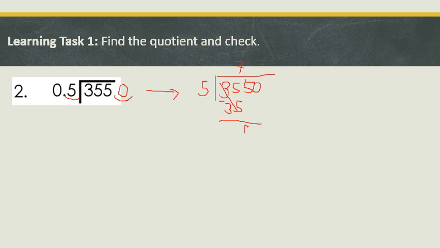Bring down 5. 5 divided by 5 is 1. 1 times 5 is 5. 5 minus 5 is 0. Bring down 0. 0 divided by 5 is 0. 0 times 5 is 0. 0 minus 0 is 0. Walang remainder. So, ang answer natin dito is 710.